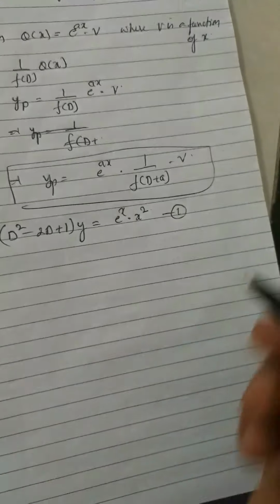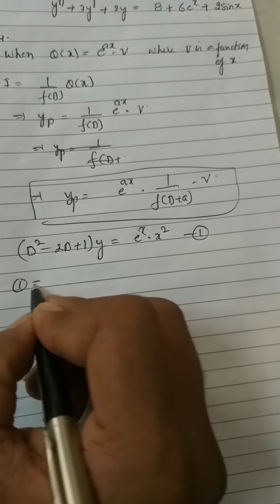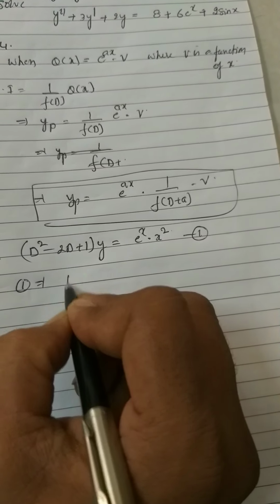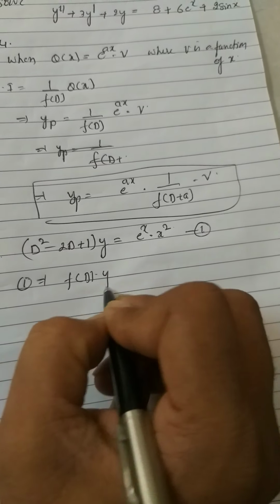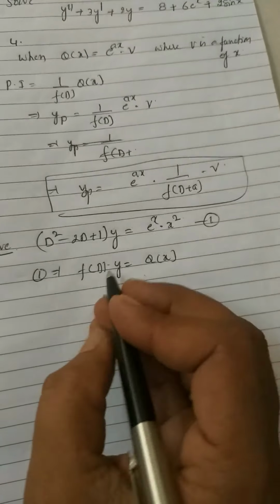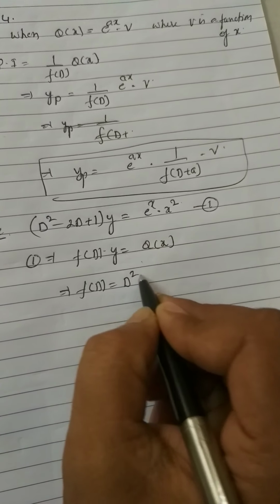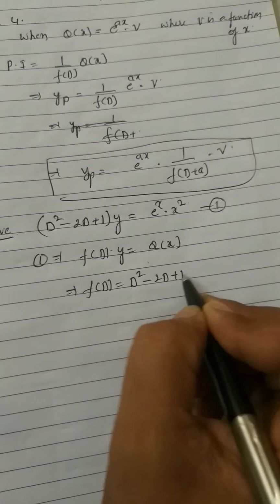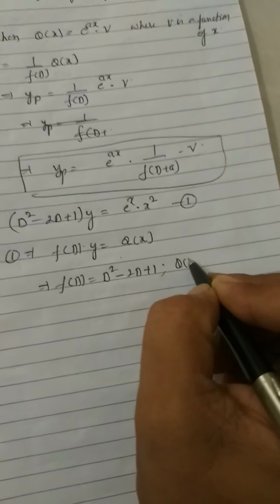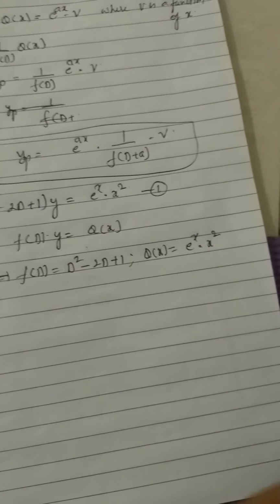Now this is the given equation. It can be written in the form f of D into y is equal to Q of x. Here f of D is equal to D square minus 2D plus 1 and Q of x is equal to e power x into x square.